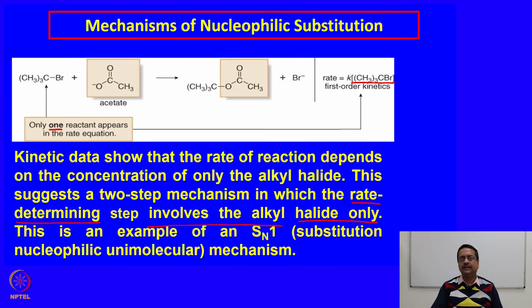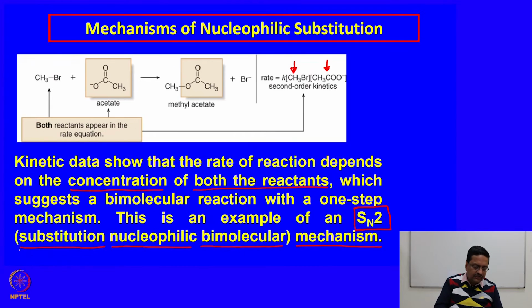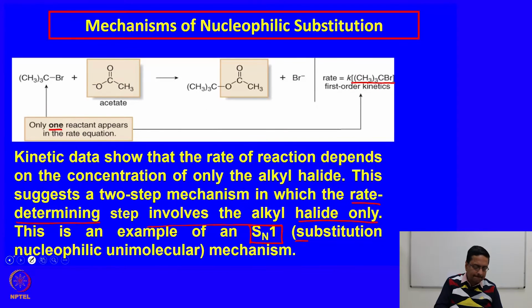That means the bond breaking step is the most important and slowest step. So, then we call that reaction SN1 or substitution nucleophilic unimolecular. So, that 1 means unimolecular. That means in the rate determining step you have only one molecule.